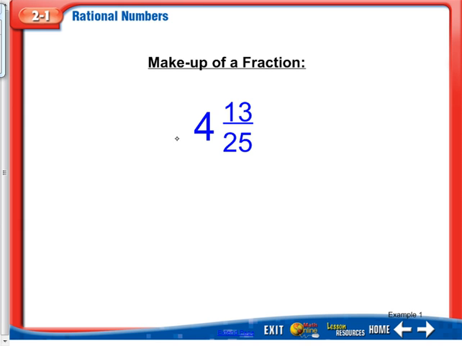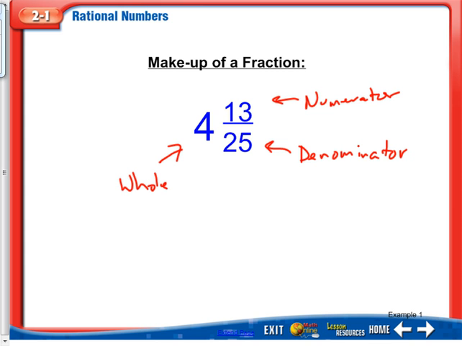All right, so the makeup of a fraction. This right here is our whole number. This is our numerator. And this is our denominator. The whole number represents how many wholes.